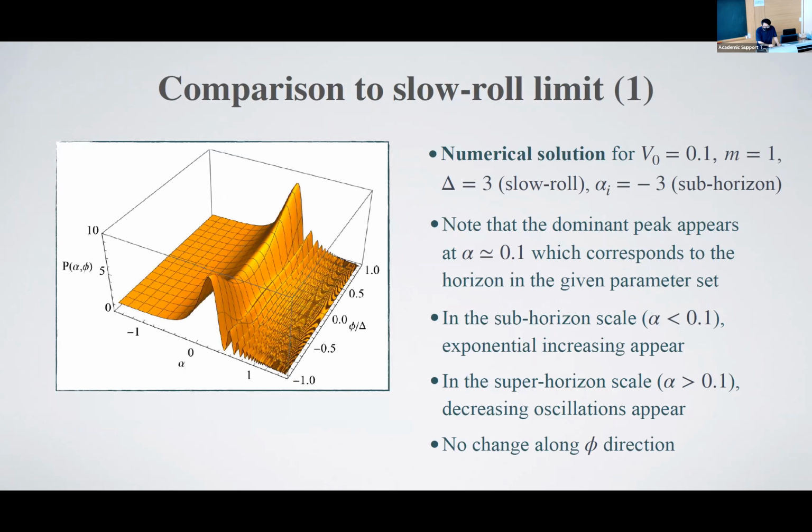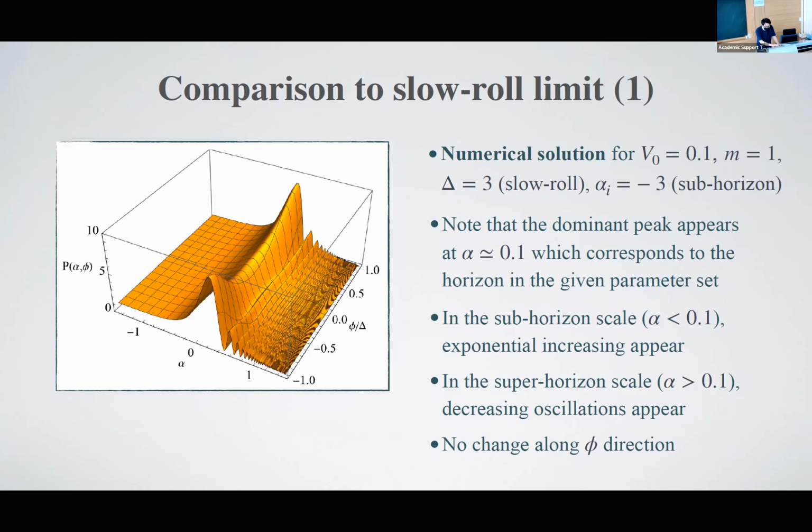This is our numerical result. We chose the parameters V0 and delta to satisfy the slow-roll condition, and we chose R_i to satisfy our initial assumption of sub-horizon scale. First, note that the dominant peak appears near R_i equals 0.1.